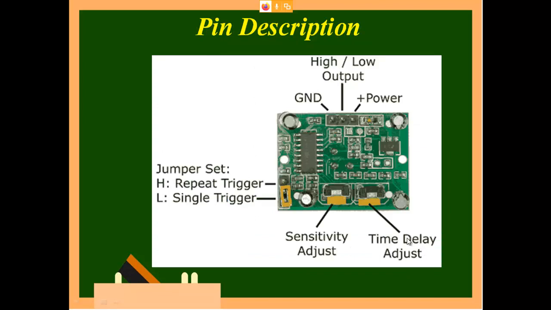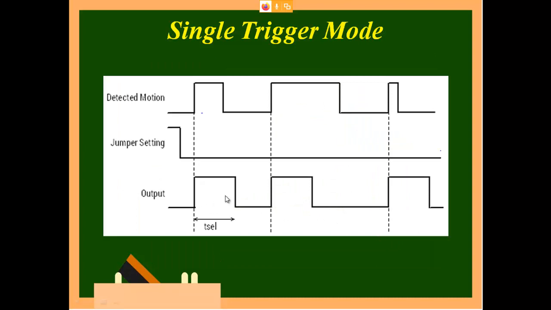Say I specify the delay as 0.5 seconds, which means whenever there is an output, I will get the same delay of 0.5 seconds, irrespective of the motion occurring. See, here the motion is okay, here the motion is less, and here the motion is more, but even so you are getting only one pulse. This pulse is for single, so only one pulse with the specified time.